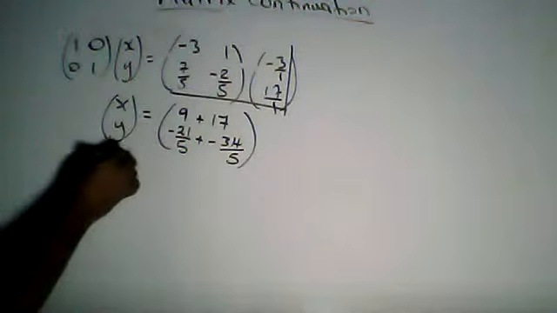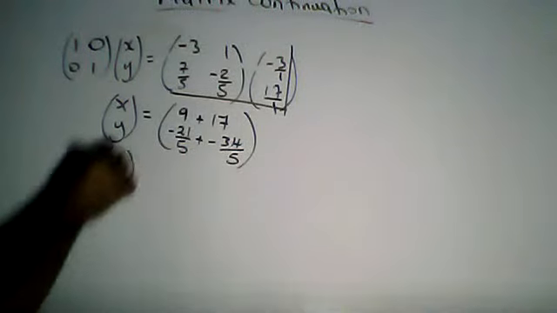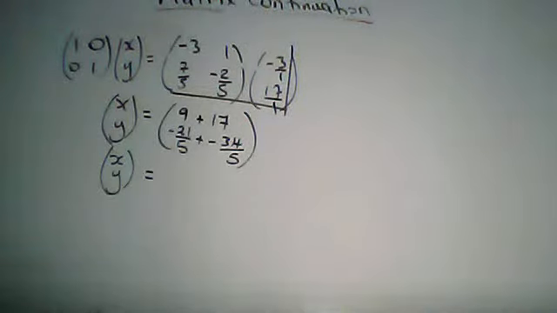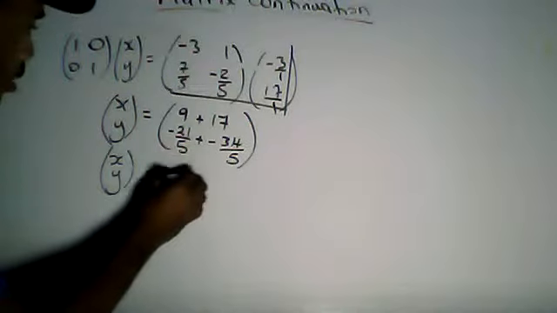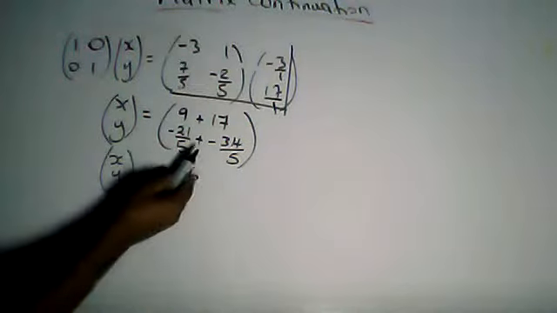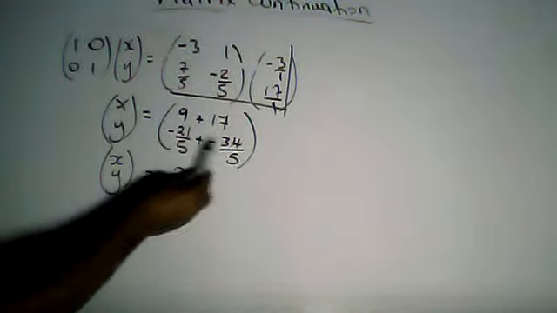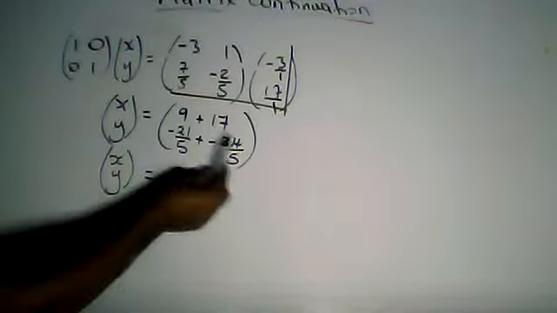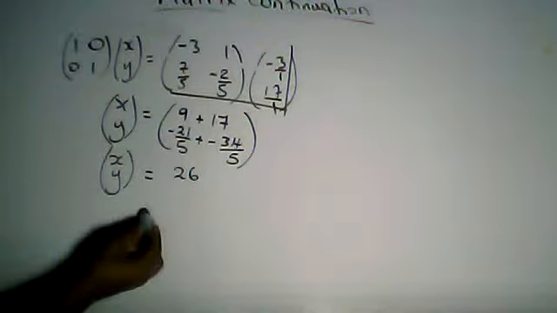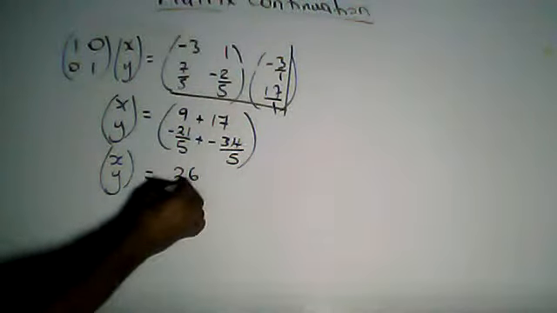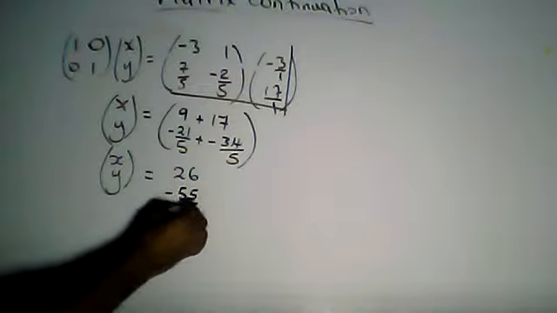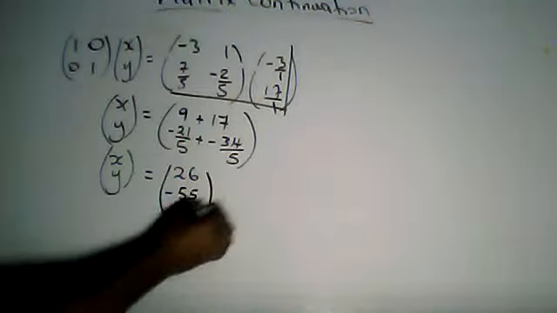All right, so I'm going to have x and y being equal to 9 and 17. That's going to give me 26. And the denominators are the same here, so we're just going to add the numerators. Both numerator values are negative, so I'm going to add them. So it's negative 55 over 5.